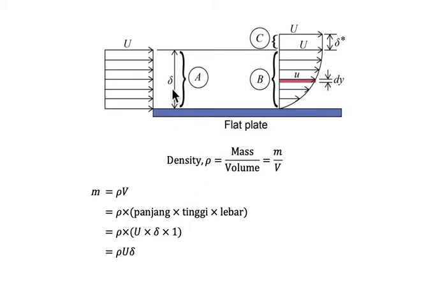To simplify our calculation, we only focus on 2D, which is the x-axis and y-axis, so we assume that its width is only 1 unit. So mass can be calculated by multiplying rho, U, and delta.